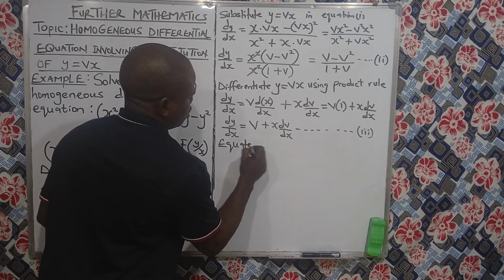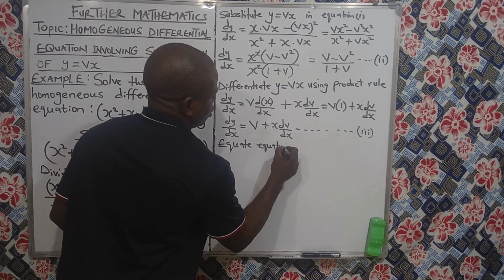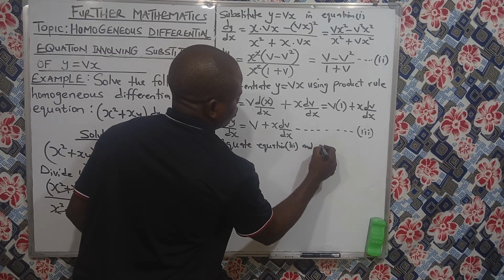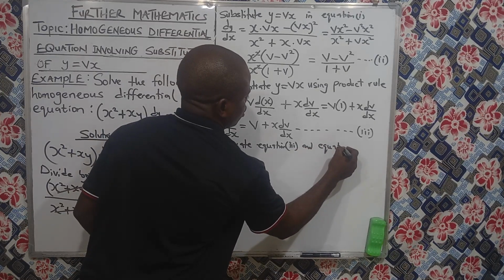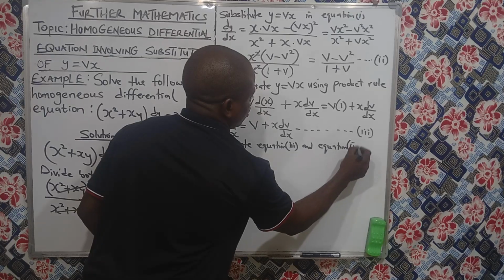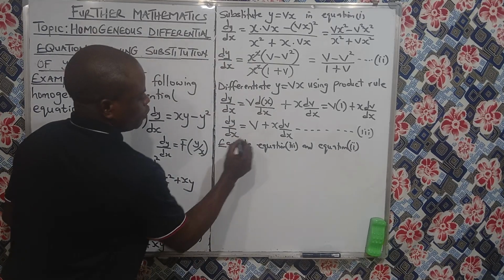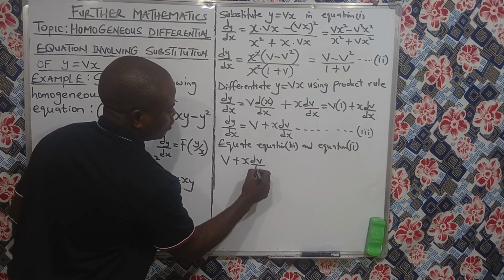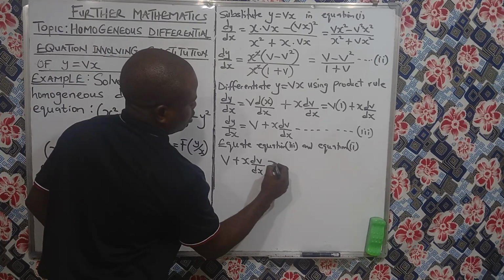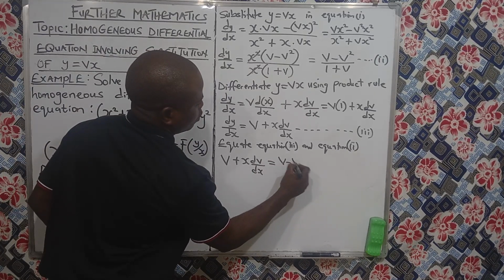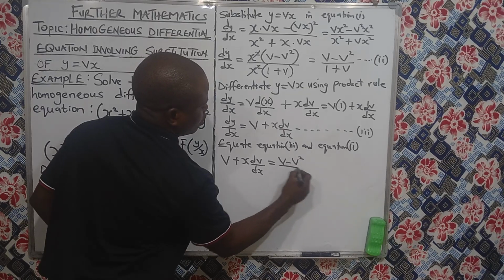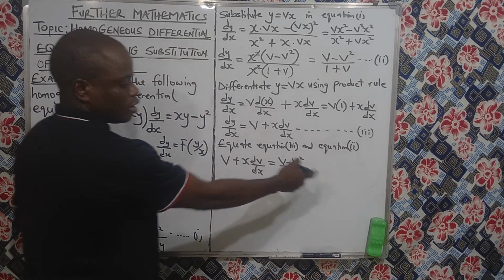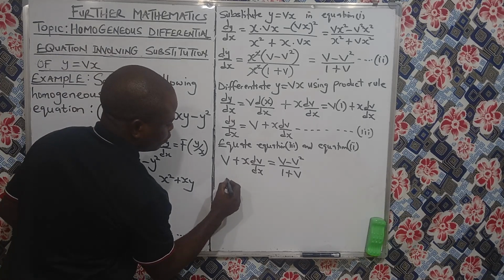Equate equation 3 and equation 2. When you do that, v plus x dv over dx equals v minus v squared over 1 plus v. Take v across the equal sign, it returns to negative.